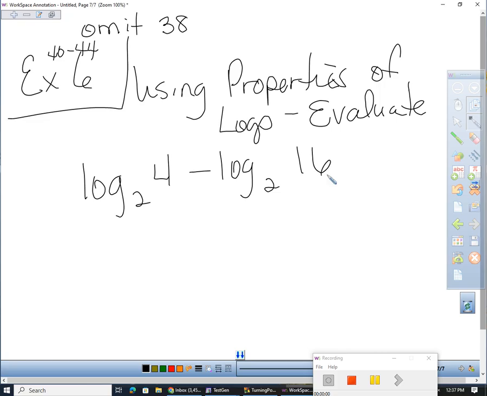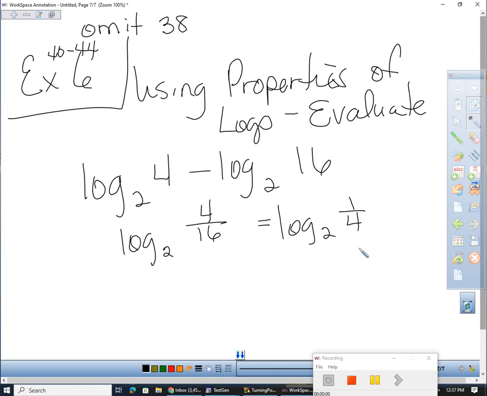All right. So in the log world, when we subtract, we really do what? Divide. So I can start by going log base 2 of 4 divided by 16, which is the same as log base 2 of 1/4, right?